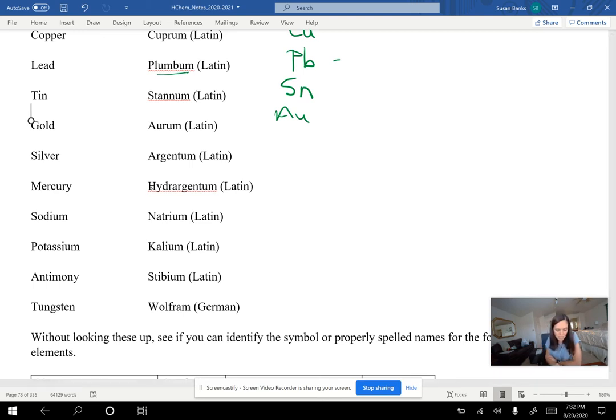Silver, argentum. A-R-G, argentum. So what do you think they were trying to find when they settled Argentina from Spain? Maybe some silver? There were legends of Argentina having mountains of silver. They didn't find the silver in Argentina.